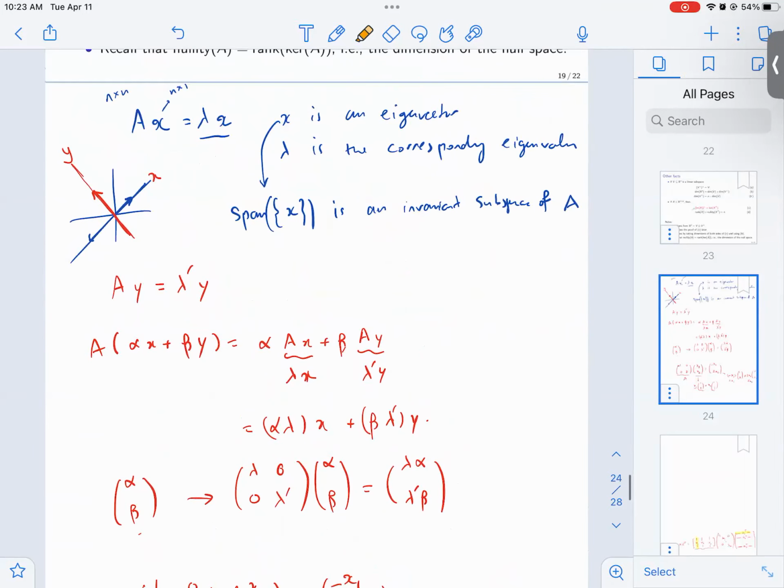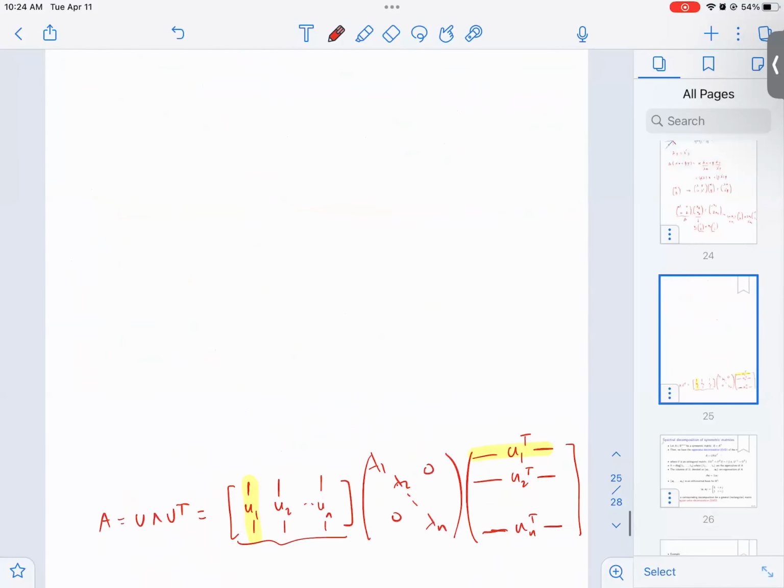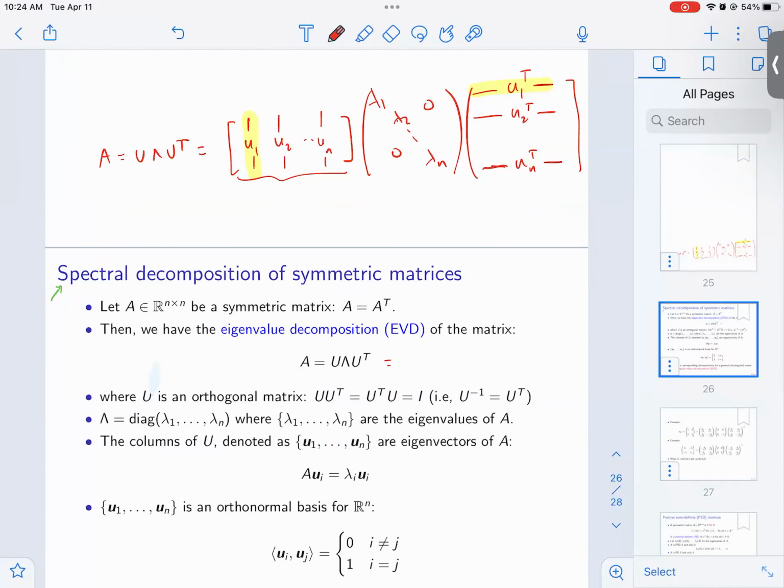And eigenvectors are really defined up to a scalar. So if X, for example, is an eigenvector, then 2X is also going to be an eigenvector, because A times 2X would be lambda times 2X. It has the same property. So what people usually do is they normalize the eigenvector, to have unit norm.